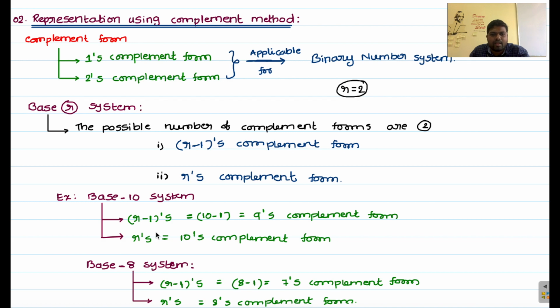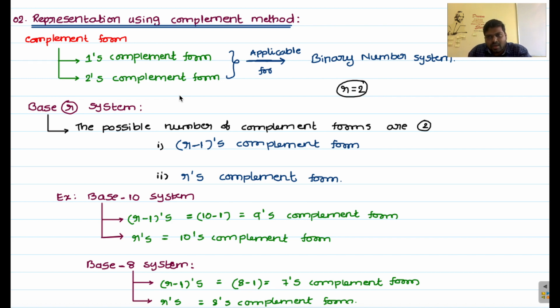In the same way, if you observe the second example, base 8 system, we have 8's complement form as well as 7's complement form. These complement forms can be used to represent the negative numbers. In order to represent negative numbers in base 8 system, we have to go for 8's complement form and 7's complement form method. 1's and 2's complement form are applicable only for binary number system.